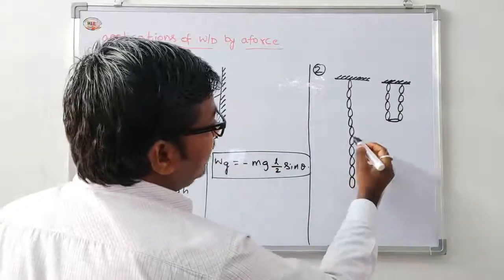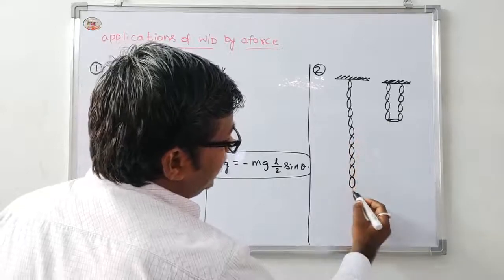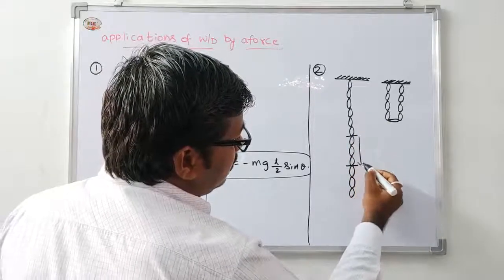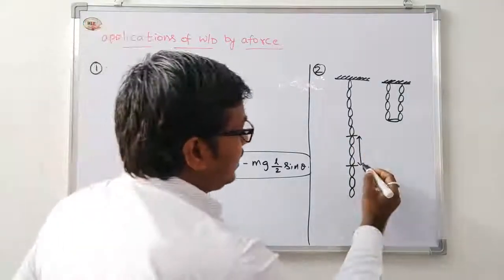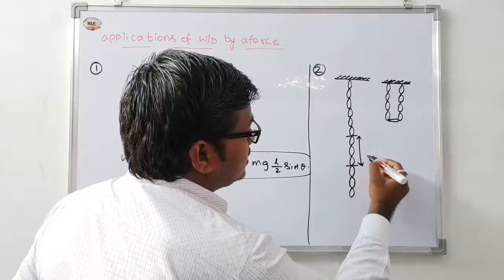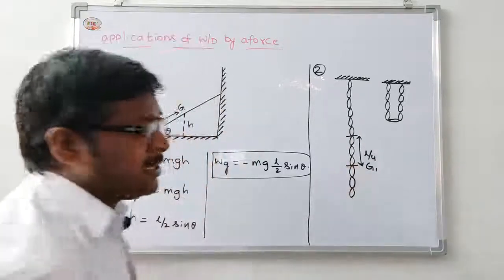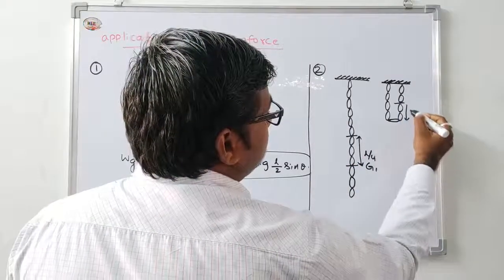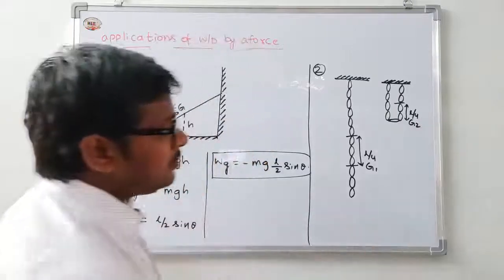The height gained by the center of gravity with respect to the initial position G1 is L by 4, and this is also L by 4 up to G2.